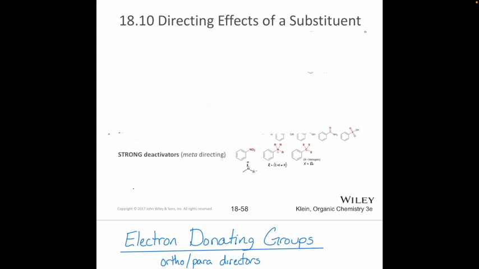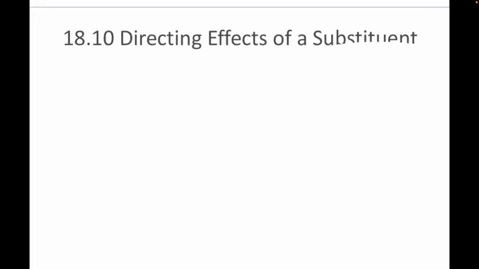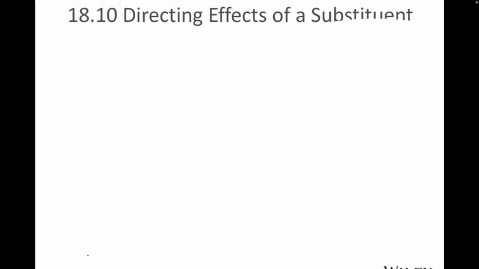Let's go one by one here. All right. So our first category is strong activators. By activators, we mean electron donating groups. Why would we call them activators, these electron donating groups?